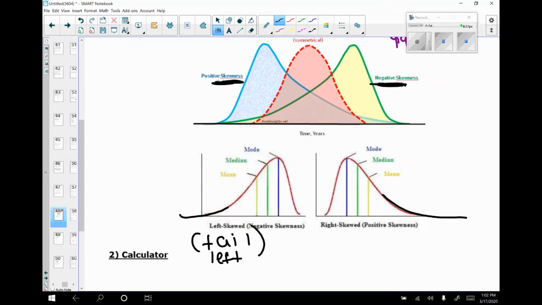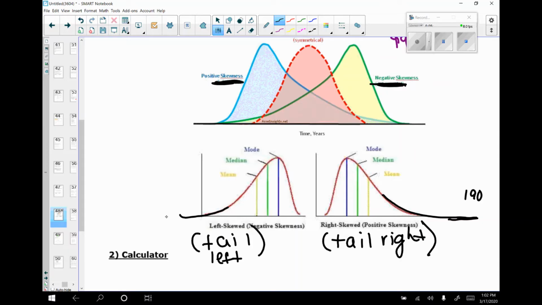That means my tail is on the right. Okay, so this tells us a little bit about our data. It tells us that, okay, we have some high values over here that are skewing our data. Okay, we saw this before in our other lessons when we had that 190 outlier, right? That'll skew our mean, that'll skew our data.